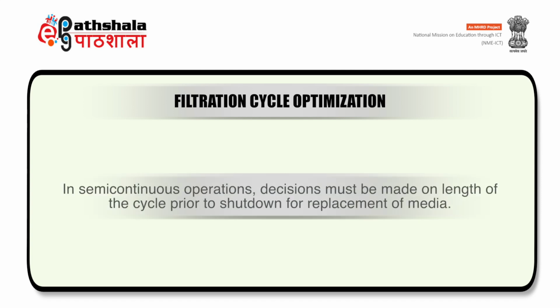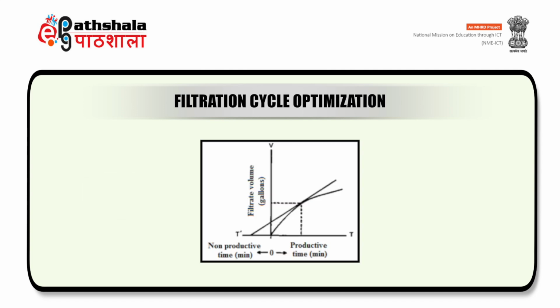In semi-continuous operation, decisions must be made on the length of the cycle prior to the shutdown for replacement of media. If the goal is maximum output from the filter per unit of overall time, the graphic approach of the figure is applicable. During productive time T, the filter discharges a clear filtrate at a steadily decreasing rate.